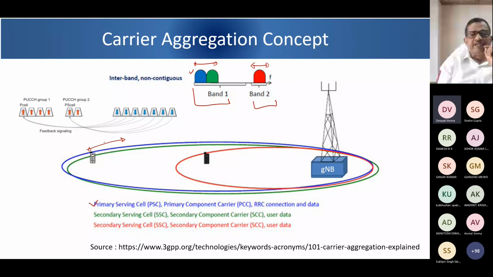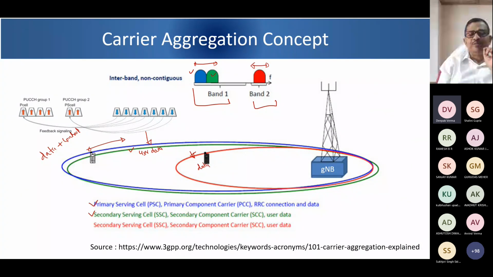So on this your data and control signaling both are taken care of. Now this green one is your secondary serving cell, and here we use only user data. The control signaling is only going on this blue frequency band, and this band 2 also is a secondary serving cell and only used for data.